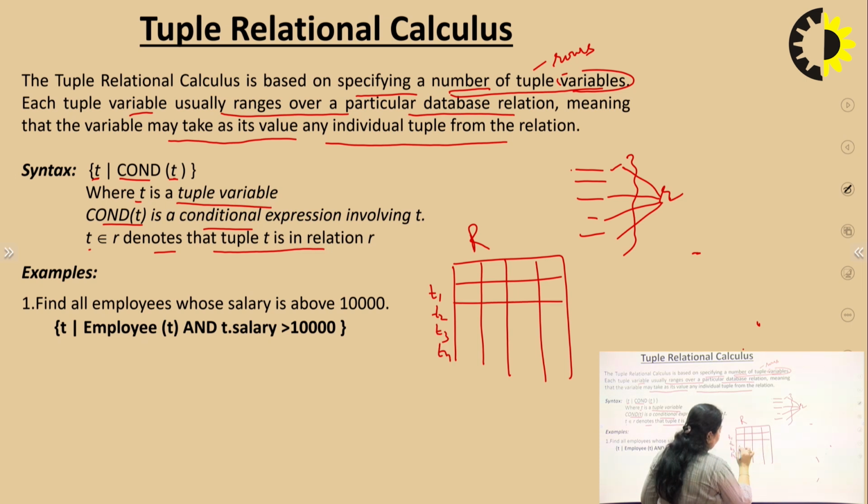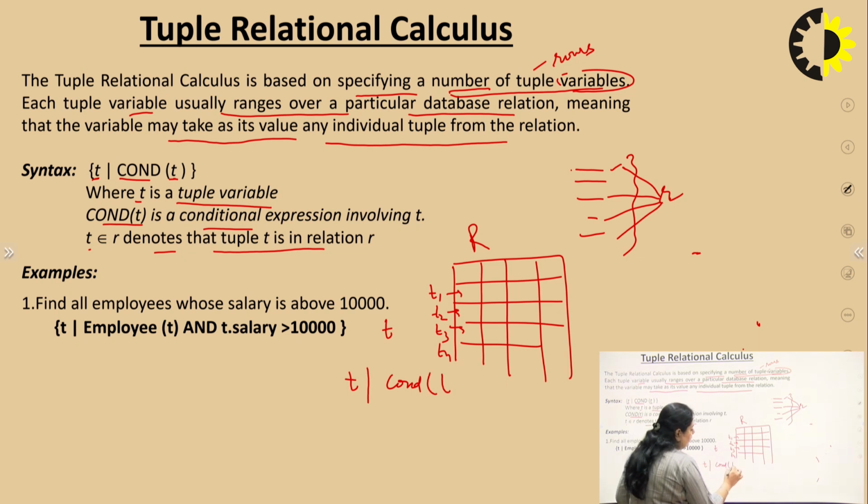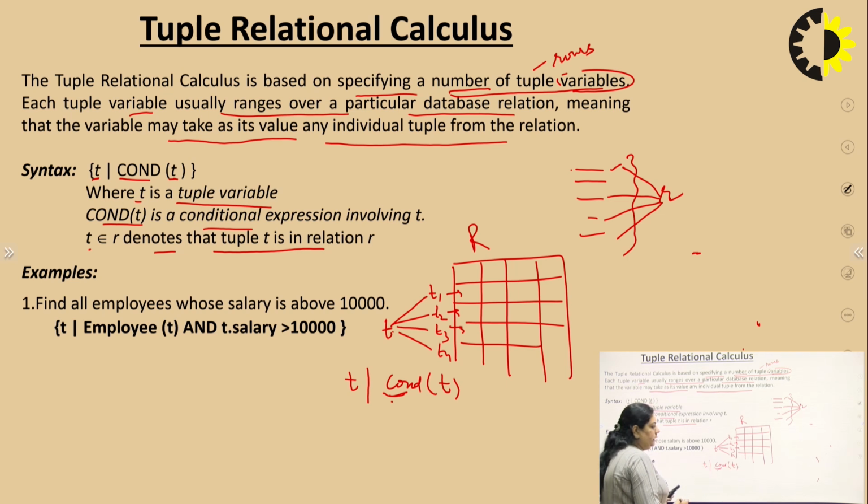We want to fetch these rows from the table upon a condition, so we apply a variable t so that we can fetch them. The value of t will be based on these rows; it can pick from them depending upon the condition, and it will fetch that row accordingly. So the t variable takes its value from the relation table.